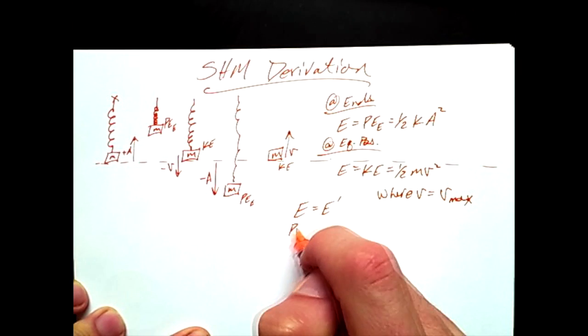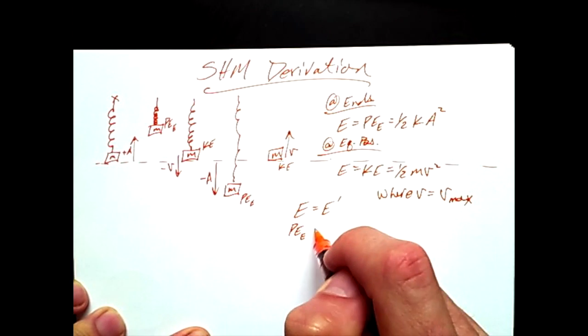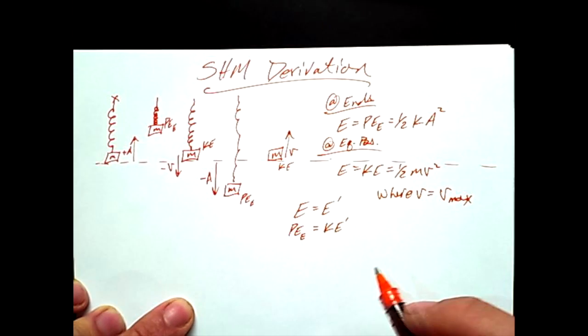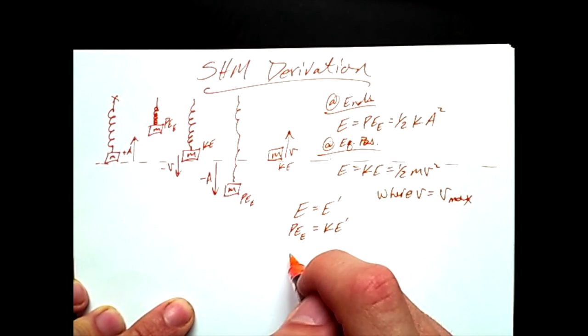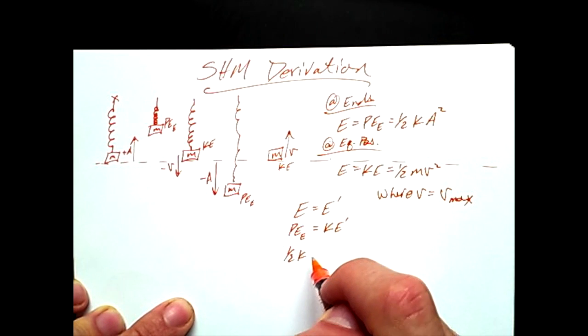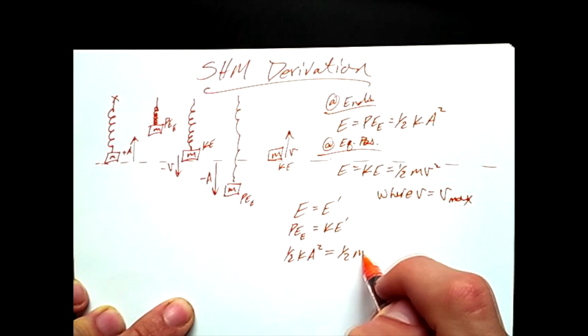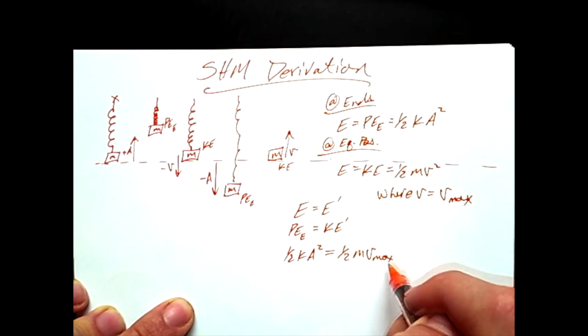So if we say that the potential energy at the maximum point is equal to the kinetic energy at the maximum point, then we have a calculation of 1/2 kA squared equal to 1/2 mv max squared.